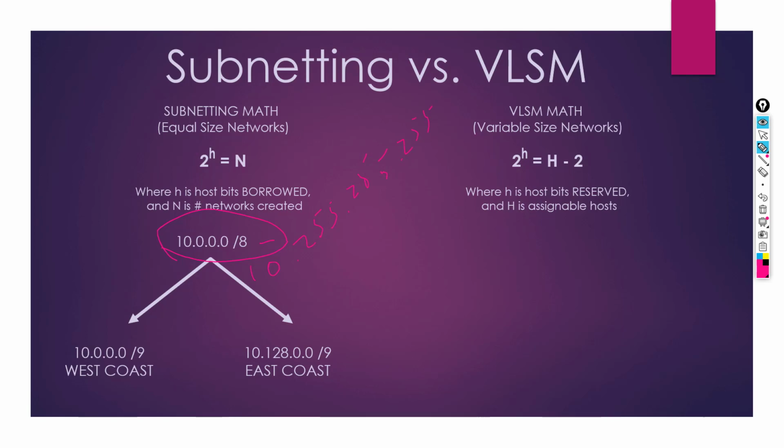This one right here ends at 10.255.255.255. So you'll always find that subnetting uses all of the network when it creates multiple subnets, regardless if it is 2 subnets, 4, or 8, or however many that you create.